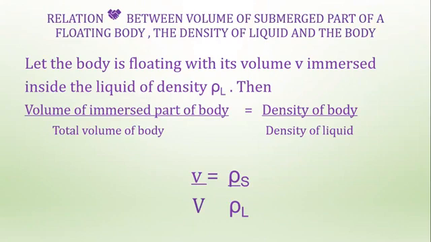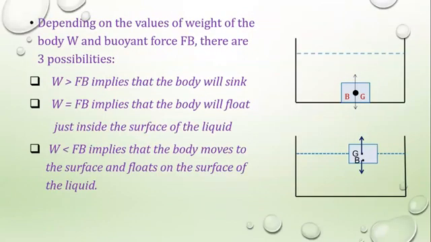So how much part of the ice cube will be outside water? Only 10% will be outside the surface of water. So what do we understand from this? That a floating body of higher density has more volume submerged inside the liquid, hence it experiences a higher upthrust than a body of low density.